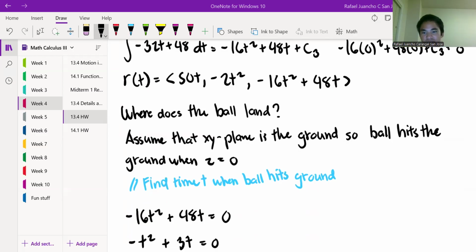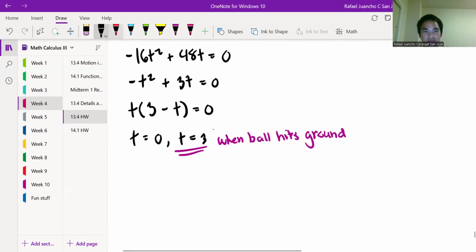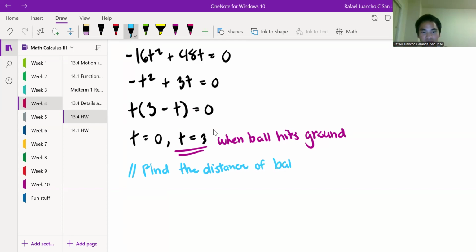So, okay, it's not asking for the coordinates actually. It's asking at what feet from the origin. So here I'm asking to find the distance of the ball from the origin when it hits the ground.